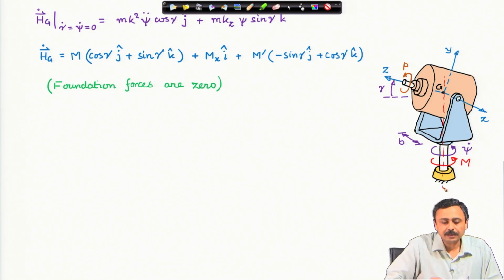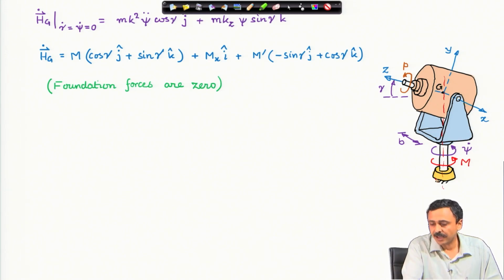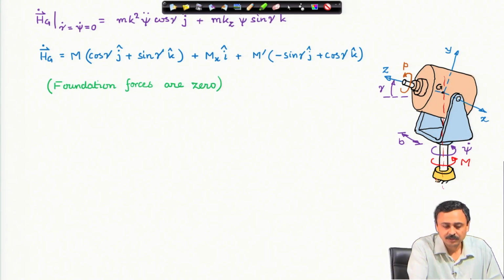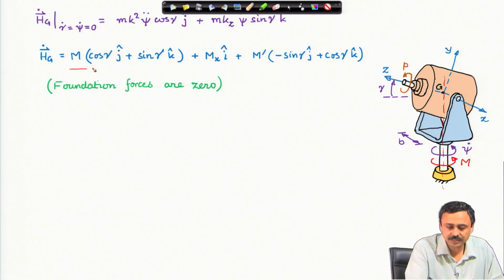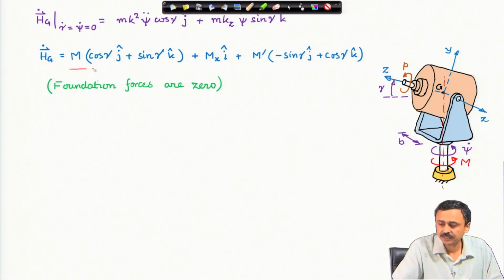The only moments generated are because of the applied moment and the moments because of the bearings, which I have written in terms of x, y, z coordinates. M is the applied moment.